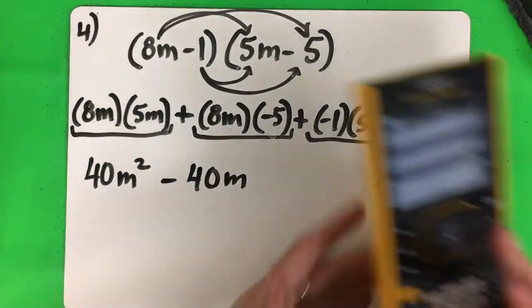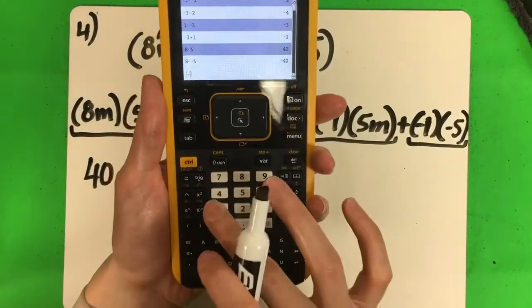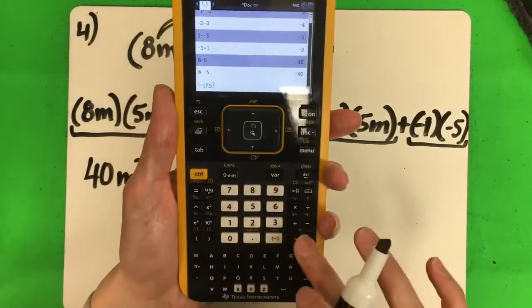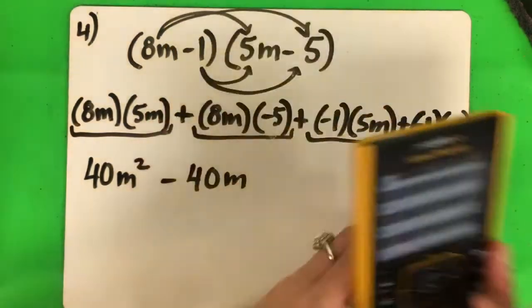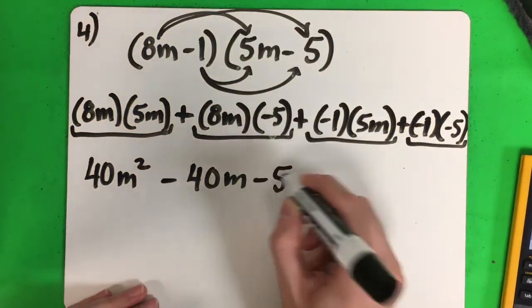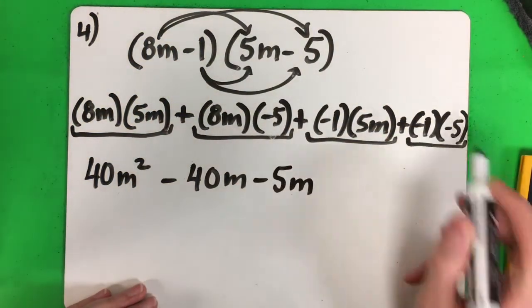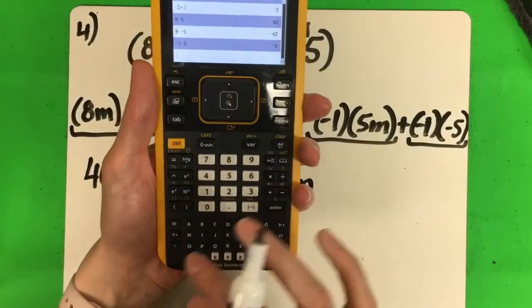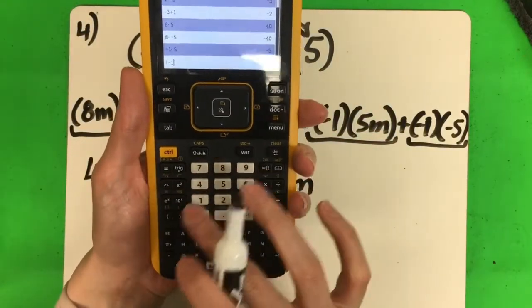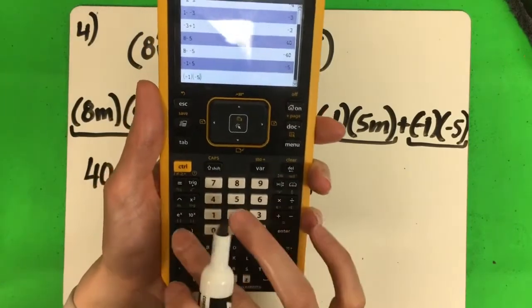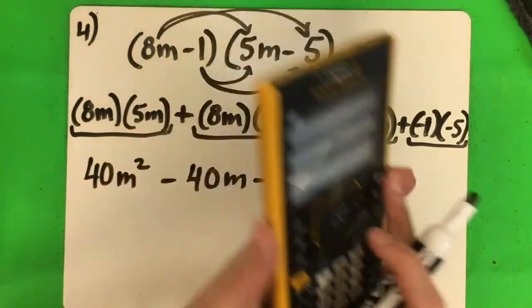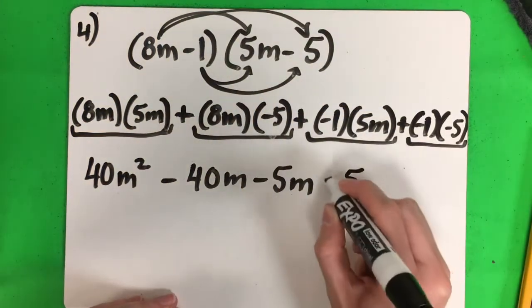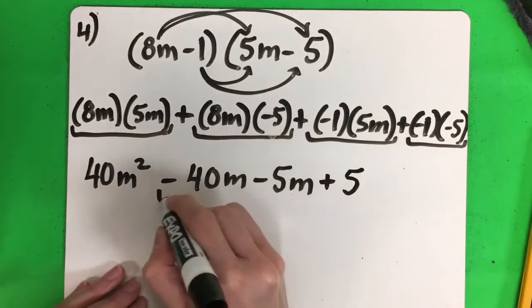Negative 1 times 5, enter. Negative 5m. Negative 1 times negative 5, enter. Positive 5.